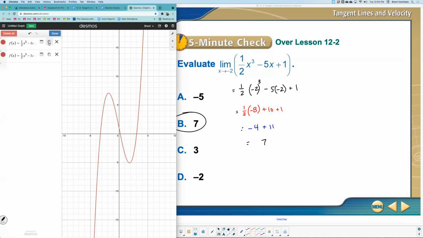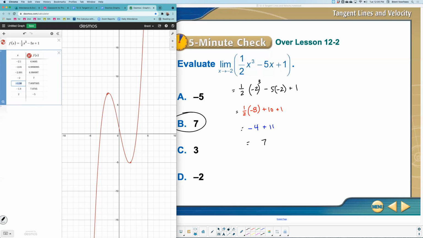And if you want to check the table, like this, we want to approach -2. So I'll get some numbers that are close to -2 here: -2.01, and we'll do one more, -2.001, -2, -1.99, -1.9.